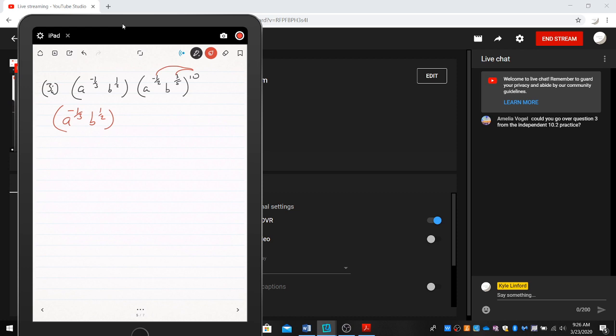We really said apply the 10 through. It's not really the distribution property, but you can think of it that way. So when I apply 10 to each of these exponents, what I'm saying to do is multiply 10 to each of the exponents. That's what the power rule said. Or I think if you remember, it's the power of a product, I think was the specific rule. So we distribute or we apply the 10 to each of these.